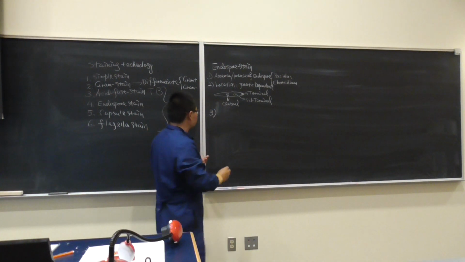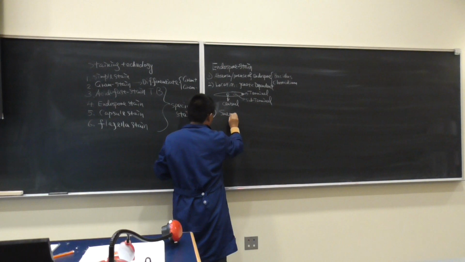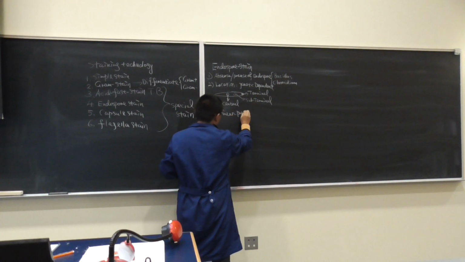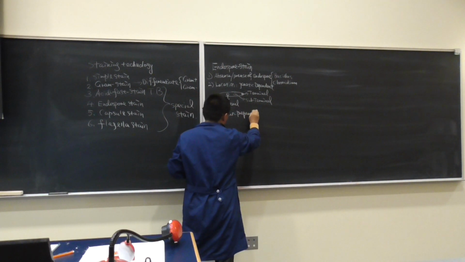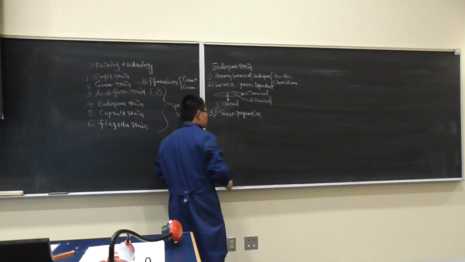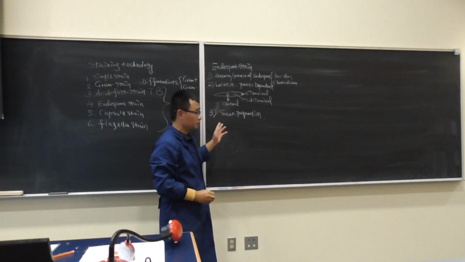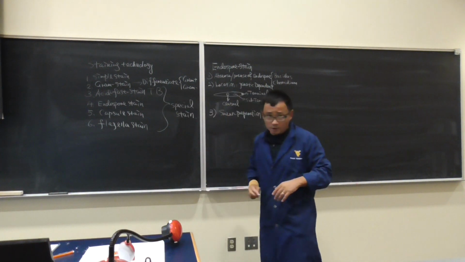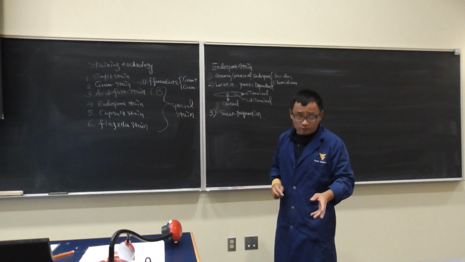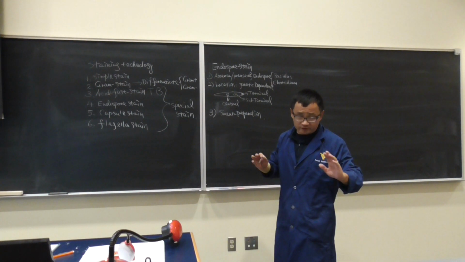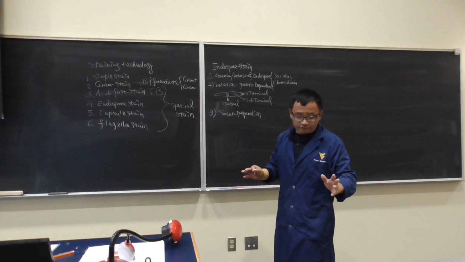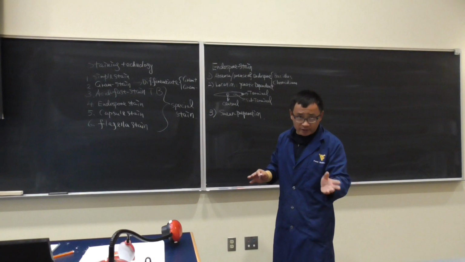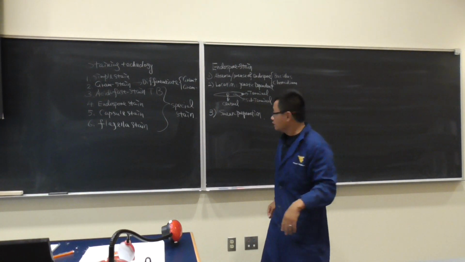Basically, the smear preparation is the same, and we talked about this already: air dry and heat fixing. But the major thing here is that the endospore stain is very similar to the acid-fast stain, because the endospore is a rigid structure with a very strong covering on the outside, and basic dye cannot go inside.